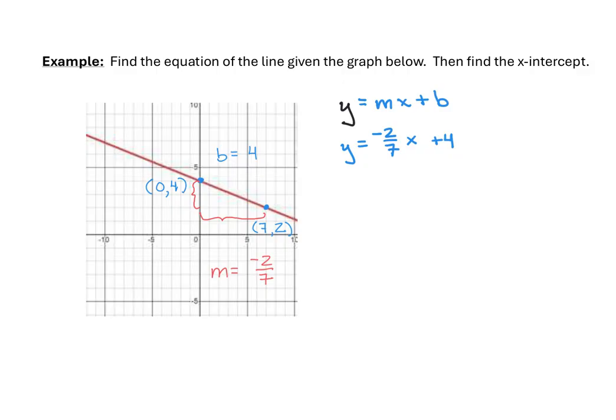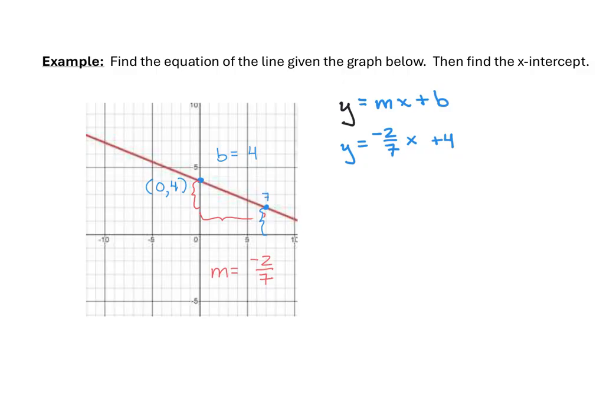Okay, we want to find the x-intercept. Now here, it's not visible on our graph, but if we continue to the right, we can find it. Again, here we can do one of two things. For this problem, if you want, we can think using our slope. So if we go down another 2, I will be at 0.